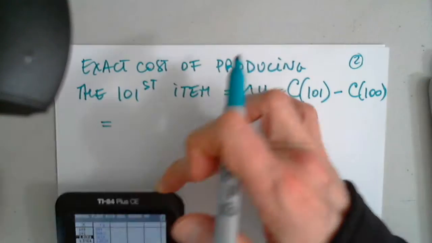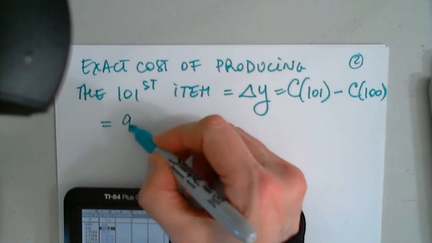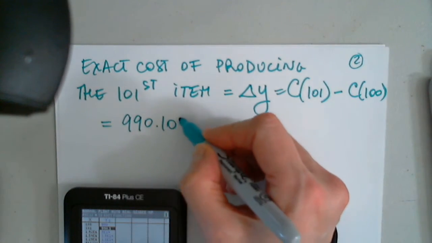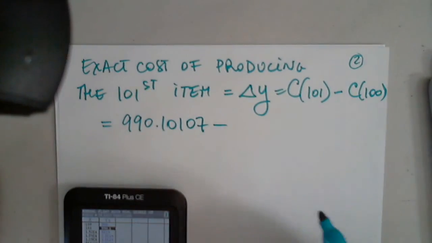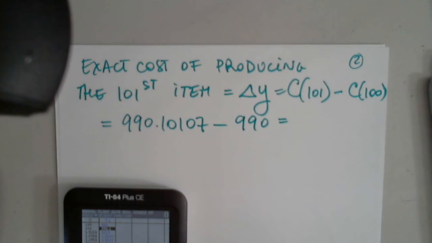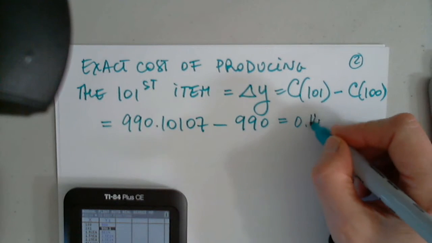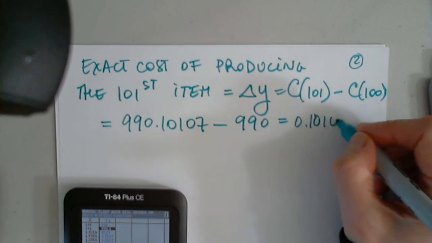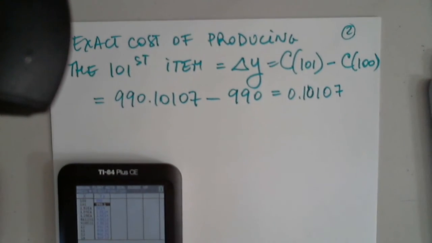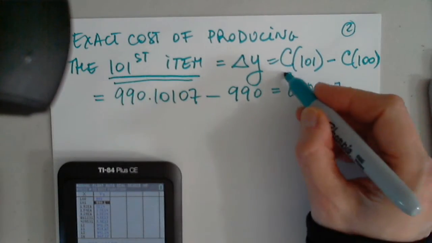Done. So C of 101, I got 990.10107, and C of 100 is 990. So this is 0.10107. This is the cost of the 101st item in dollars.